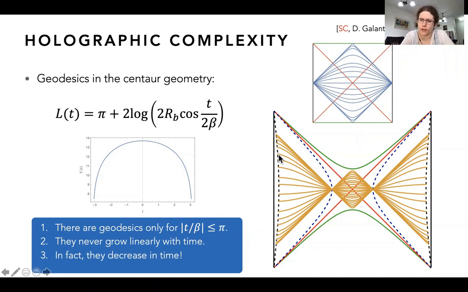So when you go in the infrared, you will have a chunk of the geometry which is de Sitter. And so studying the complexity of this theory is exactly the question of trying to characterize the properties, for example complexity, quantum information, two-point functions, etc., of a theory which is dual to a geometry which has an infrared portion, which is de Sitter.